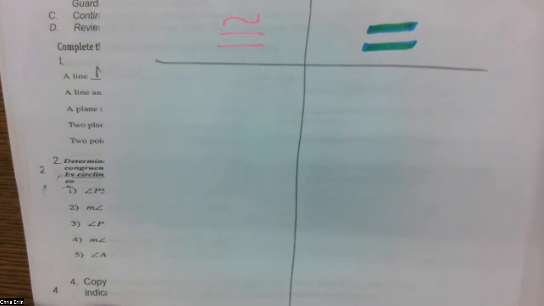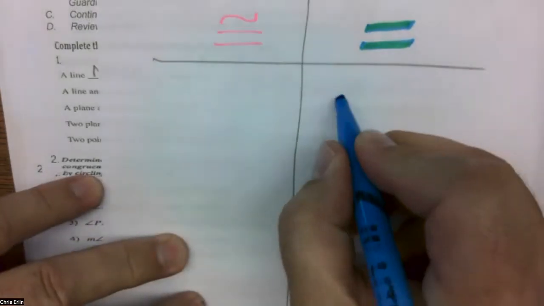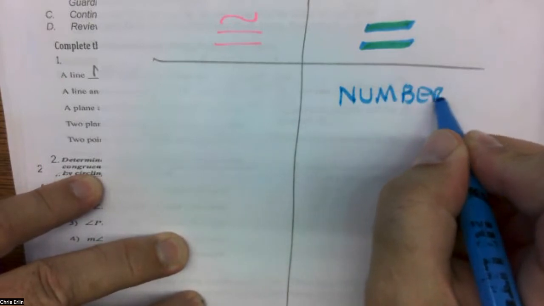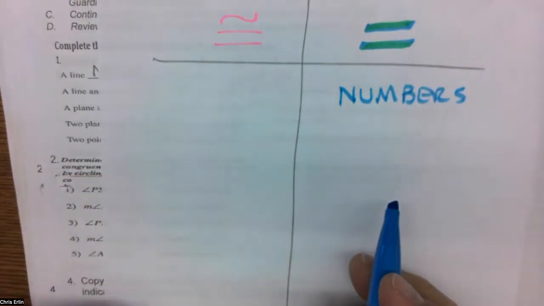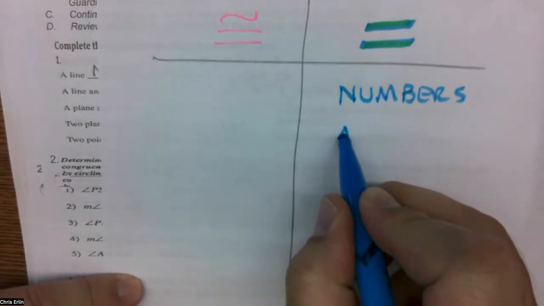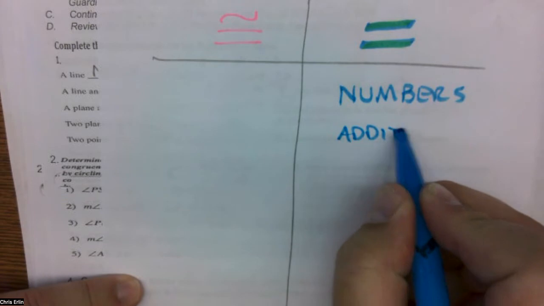So what does it mean for two things to be equal? Same value. Nice wording. In other words, there's a numerical expression. Anytime you're dealing with numbers, that's a world of equality. Similarly, anytime you're adding numbers, that's a world of equality.